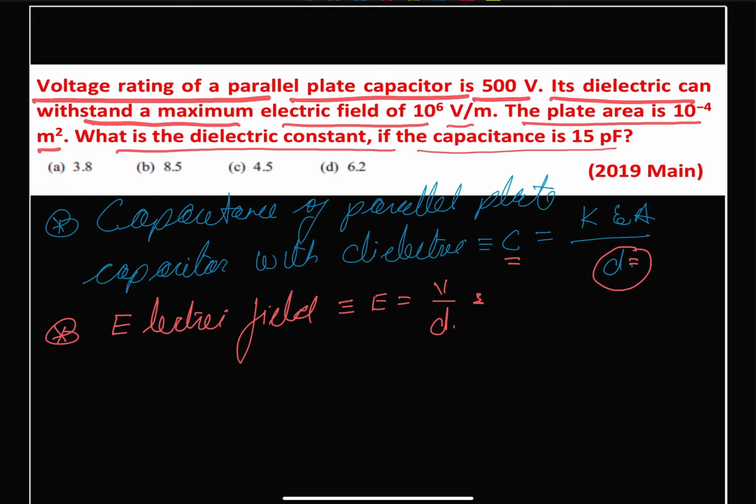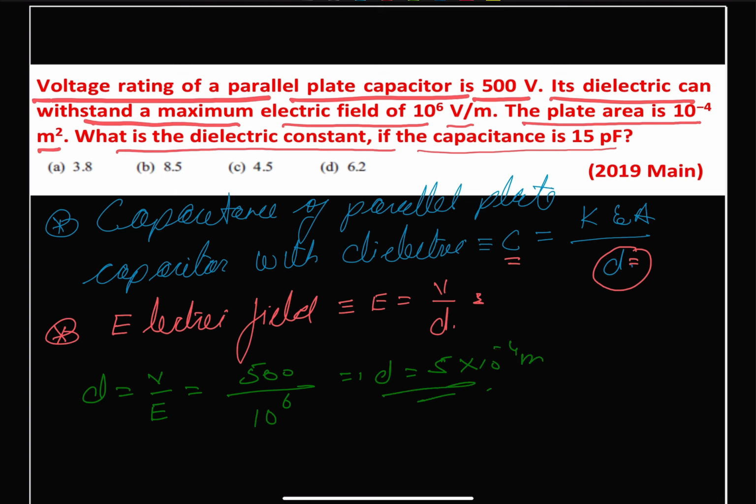So D is equal to V upon E, and it is given as 500 volt divided by 10 to the power 6. So we get distance D is equal to 5 into 10 to the power minus 4 meters.